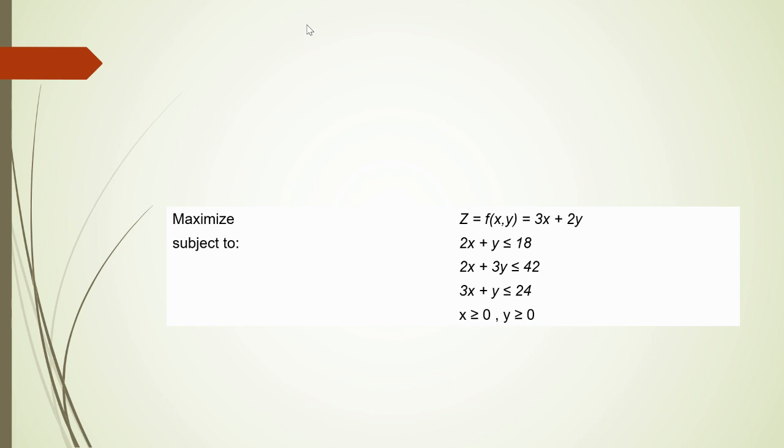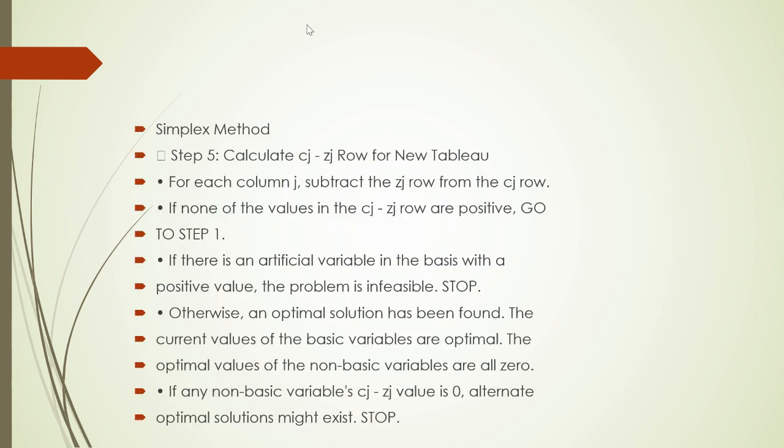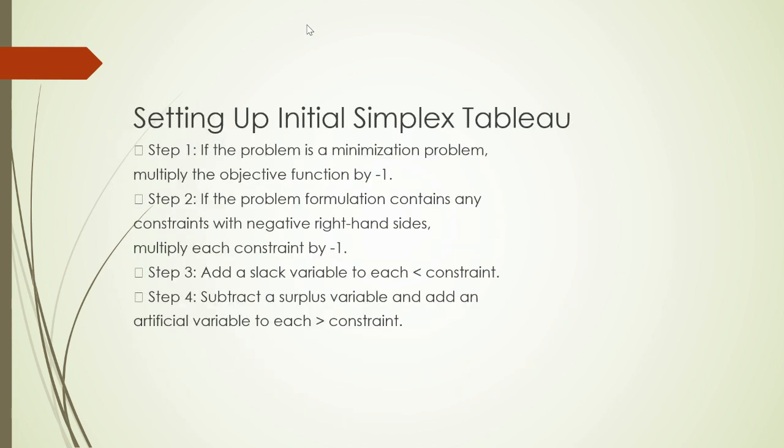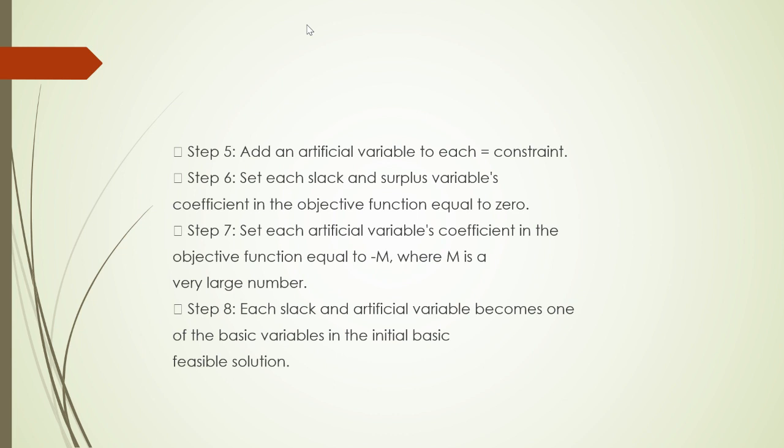These are the inequality constraints, and x is more than or equal to 0, y is more than or equal to 0. These are the non-negative constraints or restrictions. So we'll see how to apply the simplex algorithm to a given problem.